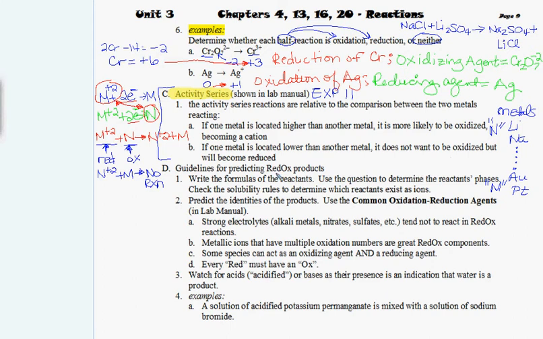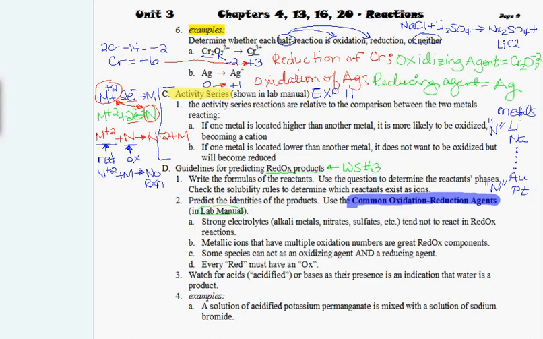Okay, next up, I have a worksheet for you. That worksheet is going to be numbered 3, because it's sort of the third one in the series. You're going to be looking in your lab manual, and when you look in your lab manual, you are going to find a page that has common oxidizing and reducing agents.